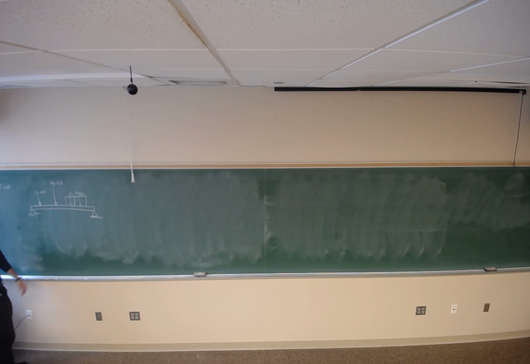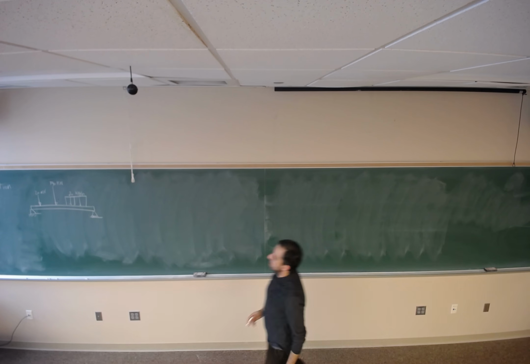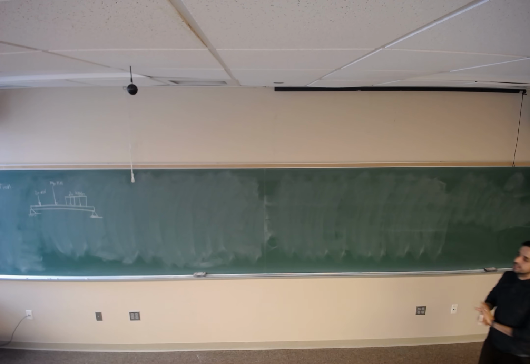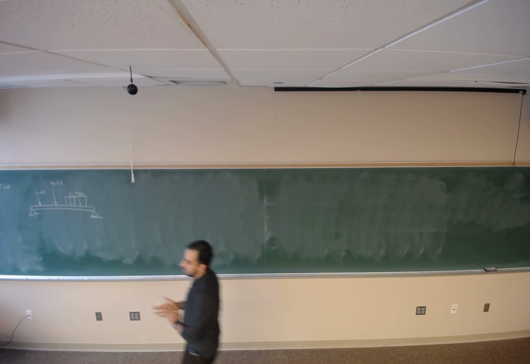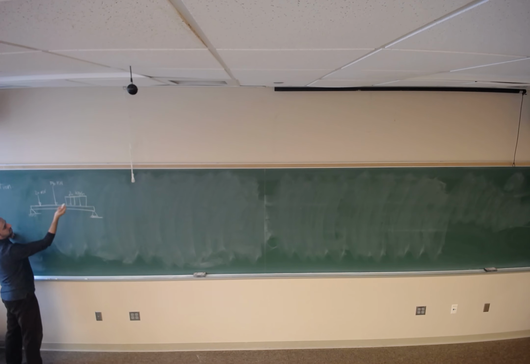Some concentrated load and distributed load is applied to this beam. If this beam has a failure, it's going to happen in one section. One of the sections in this beam is going to fail, and it's going to break at that section.